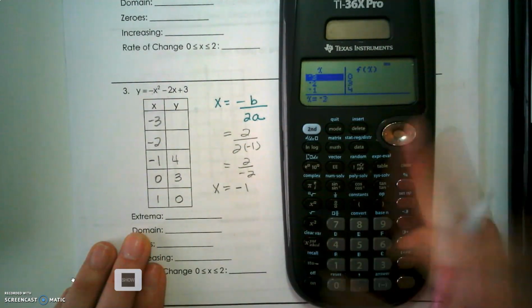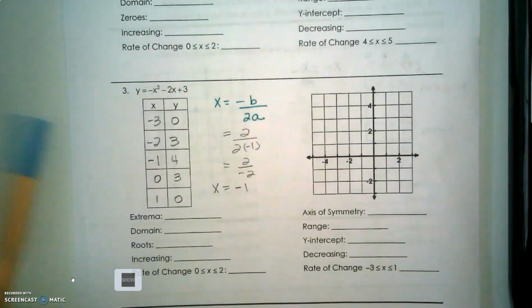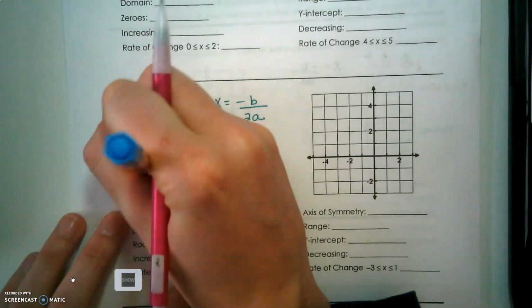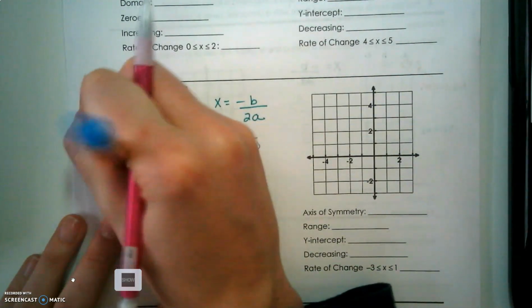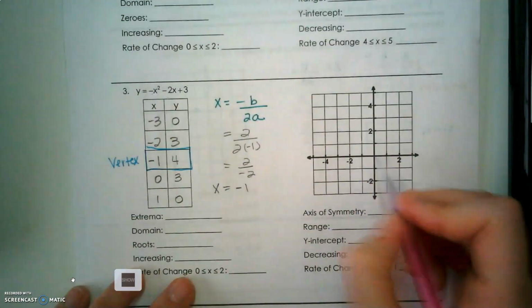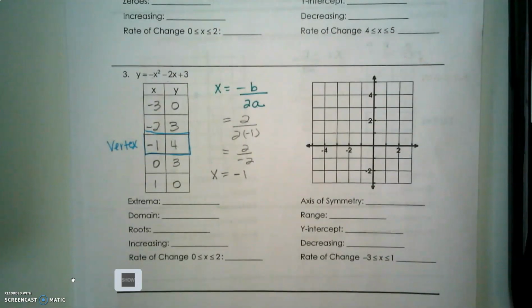Again, if it's truly my vertex, I should get the same thing on the other side, and I do. So that is my vertex. So now it's a matter of plotting these and forming a curve. Again, practice these characteristics once you graph it, and check the blog for your answers.